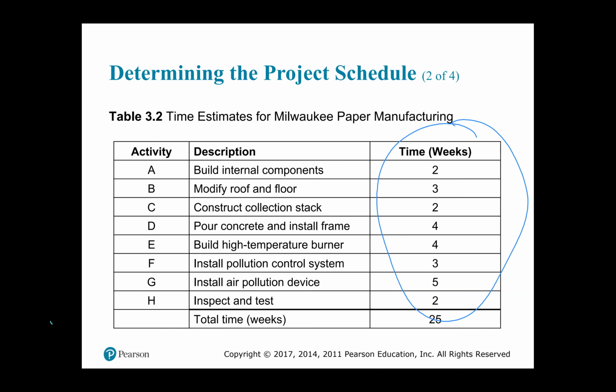Now, normally the time and the precedence relationship are given in one table, but for teaching purposes, I'm separating them so you can focus on just the piece that you need at a time. When you get it on your tutorial sheet, the times and the precedence relationships are displayed in the same table.